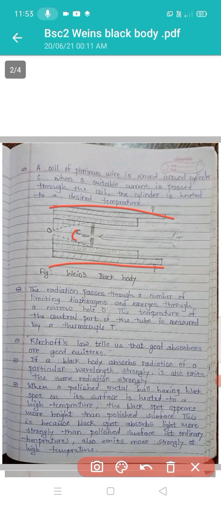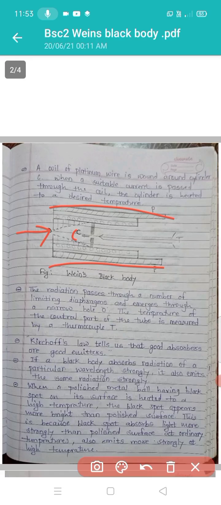The radiation passes through a number of limiting diaphragms and emerges through a narrow hole O.